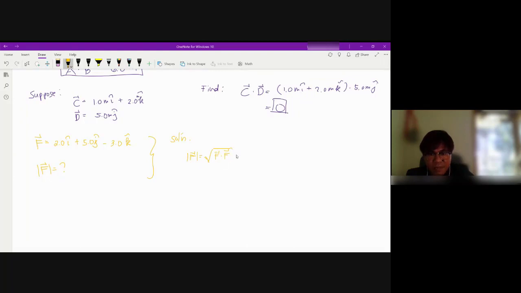Kabalo nga ang mag-contribute lang is ang mga components. That is actually square root of 2 squared plus 5 squared plus negative 3 squared. Amo na gyapon siya Pythagorean theorem.